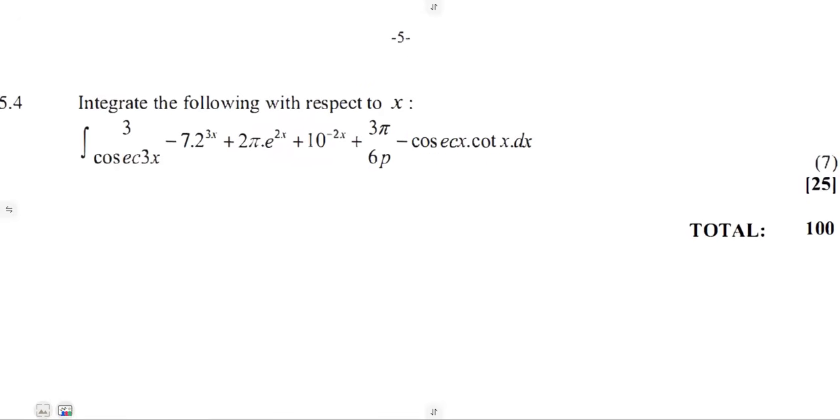So just like that part of our derivatives, they also give us for the integrals where you need to integrate each part. Okay, so let's see what you're going to have here. 3 over cosec. Remember, 1 over cosec is sine, so it's going to be the sine of 3x.